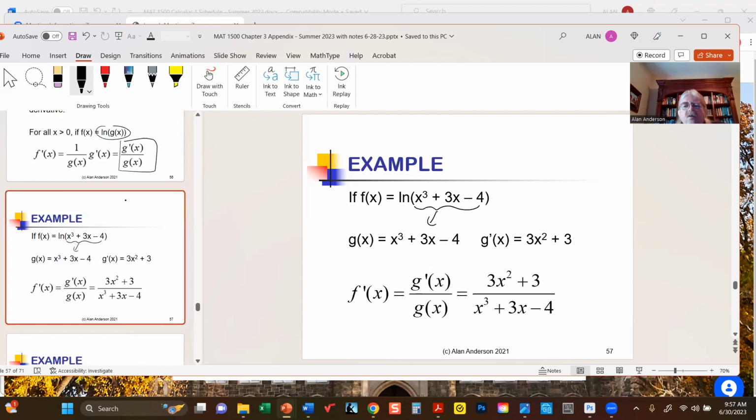And based on the power rule, we end up with g prime of x is 3x squared plus 3. So literally, all you have to do is put that derivative in the numerator and the original function in the denominator, and you're all done. Unless there's some way to simplify this, that's it.